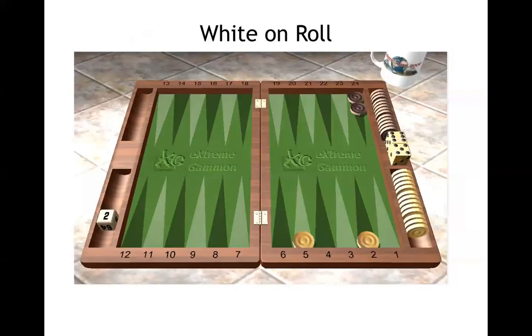Okay, this is another classic end game decision here. And white's on roll. And I'm going to know both as a mix here. And again, there's an exercise on counting, learning to count shots.